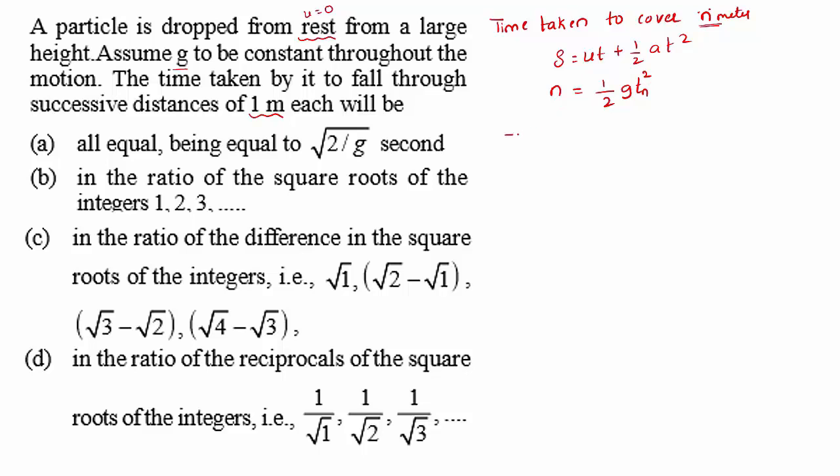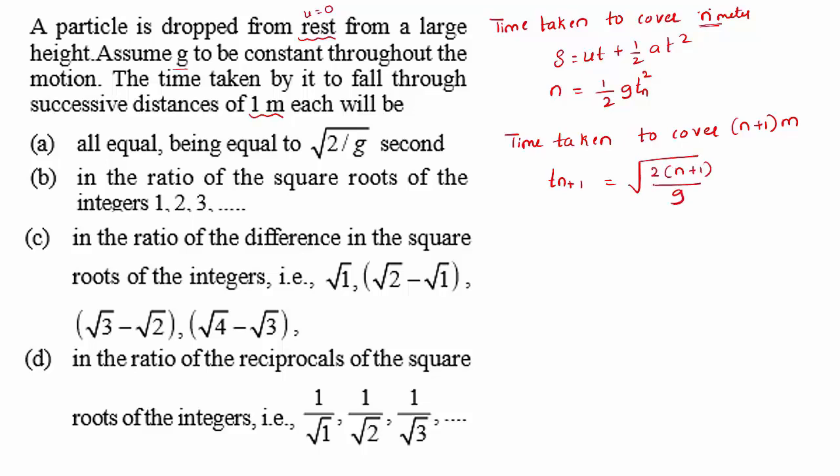Similarly, I am going to write the time taken to cover n plus 1 meter. Initially it covers n meter, now I am going to take n plus 1 meter. Then how to write the equation? We can directly write Tn plus 1 equal to root of 2 into n plus 1 divided by g.